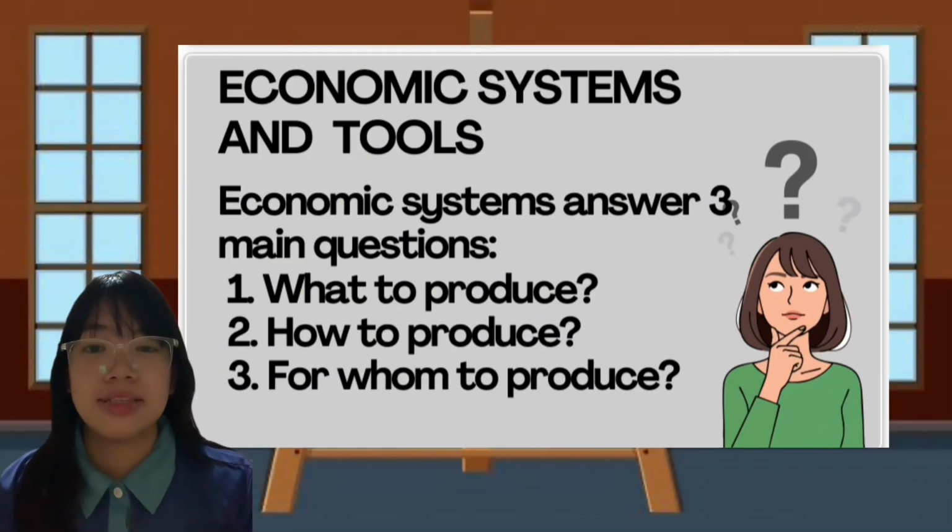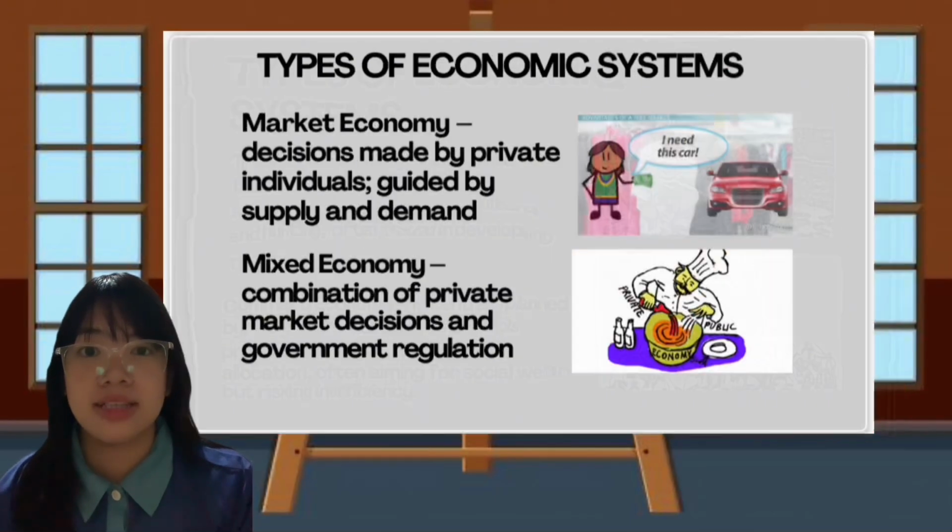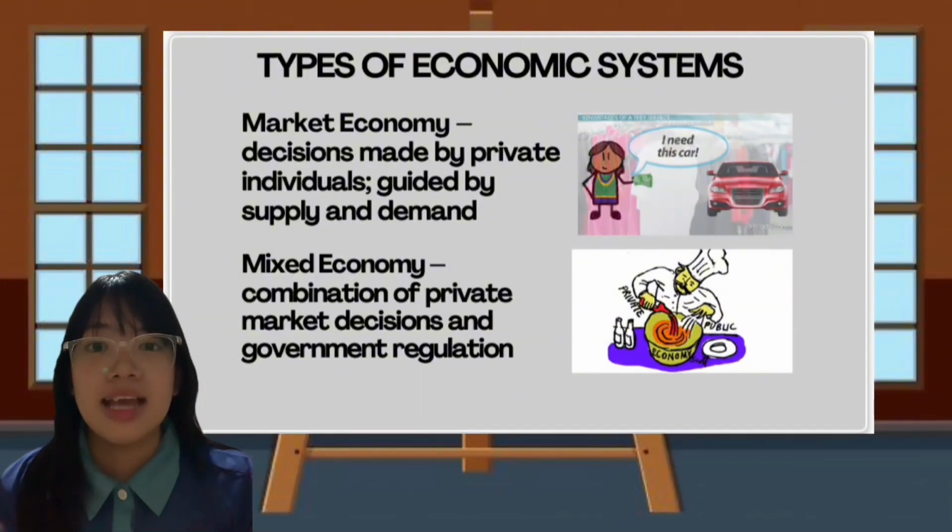Different systems answer basic economic questions differently. Traditional systems rely on customs, command systems rely on government decisions, market systems rely on buyers and sellers, and mixed systems combine both market freedom and government regulation.